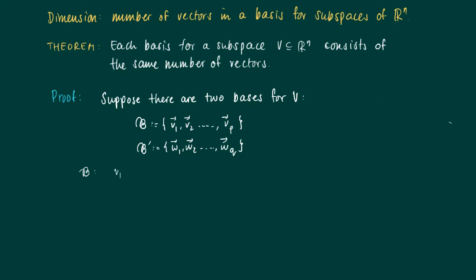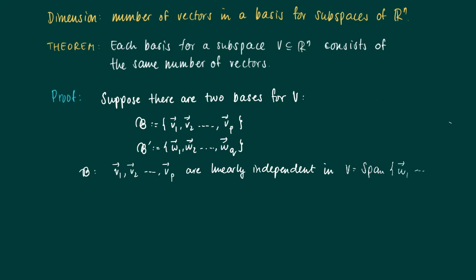Then focus at beta. The vectors v1, v2 until vp are linearly independent in V, which is a span of q other vectors, since the vectors belong to a basis and are therefore linearly independent.